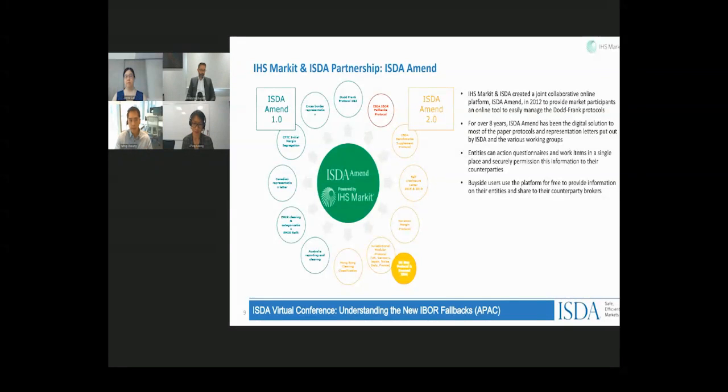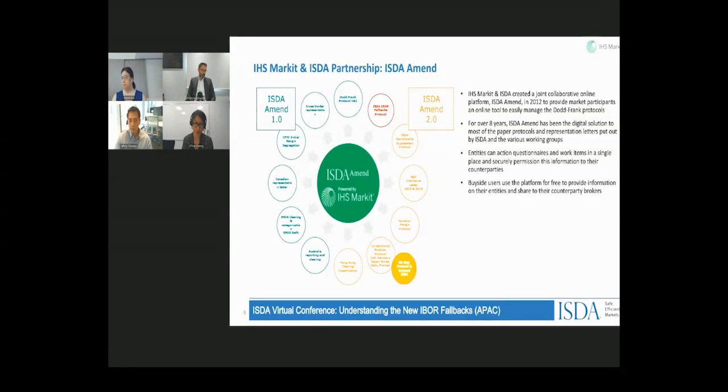The ISDA Amend itself is a collaboration between us and ISDA, and it started around 2012, in the early days of Dodd-Frank. And if you can see on the chart displayed right now, it shows at the 12 o'clock mark where we first started the regulations with Dodd-Frank. And if you go anti-clockwise, you'll see that it covers the last 8 years.